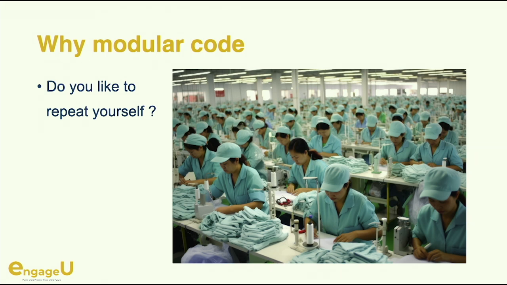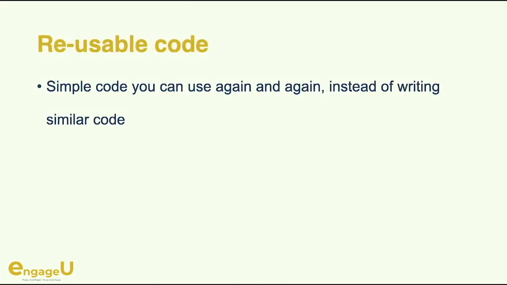Why make it harder? So reusable code is simply something you can use over and over again instead of writing similar code. I will get into more details if this sounds a little bit, yeah, I know that already. But I just want to have the concepts laid out from the start.